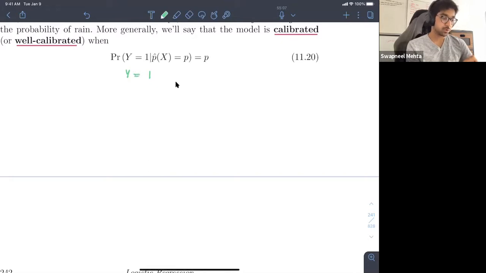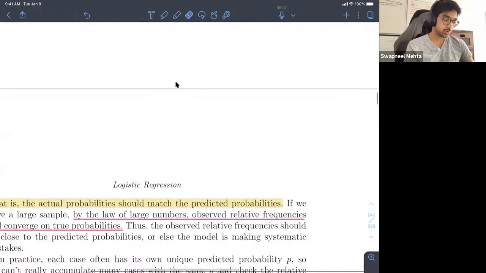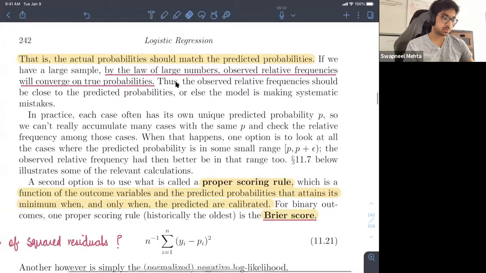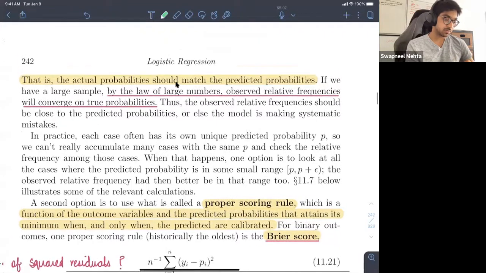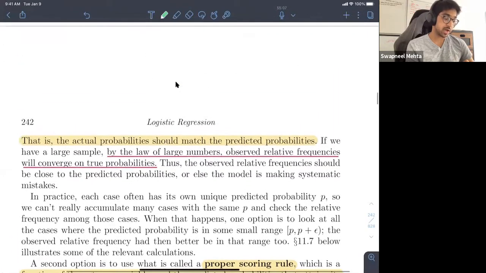You want it to be the right probabilities, but you don't know that it will be. So what you do is just calculate the observed relative frequencies, and by the law of large numbers, if you have enough samples, this should converge on the true probabilities.